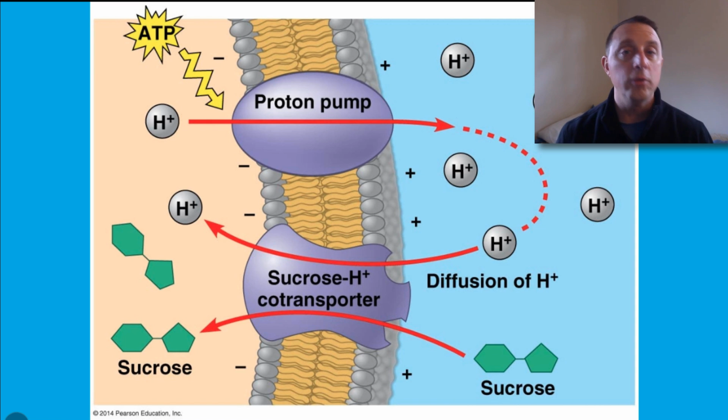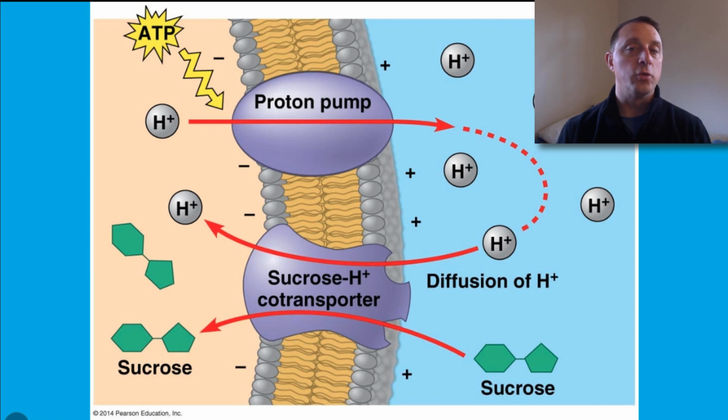Very large molecule, it's highly polar, so it is not going to get into the cell by itself, but as this co-transporter allows hydrogens to flow back into the cell, flowing down the concentration gradient, this is going to release the energy within the gradient, and that energy that's released can then be used to bring the sucrose into the cell along with it.